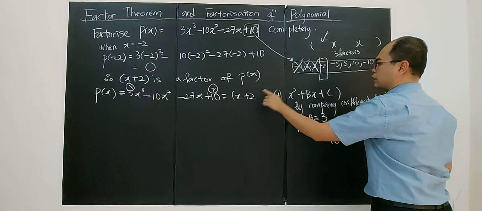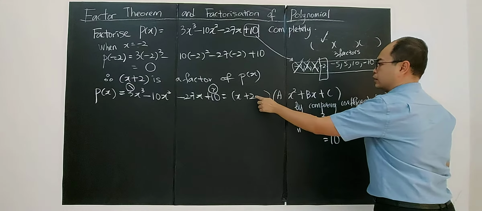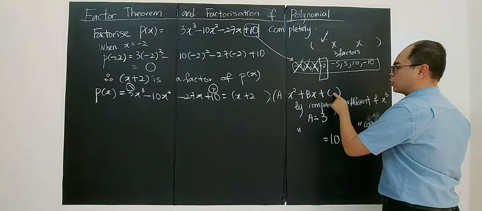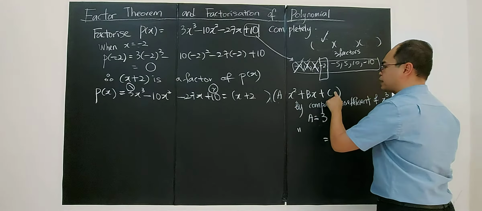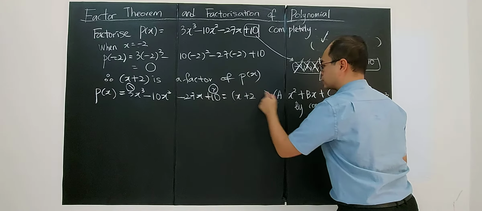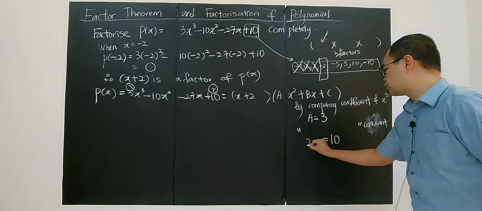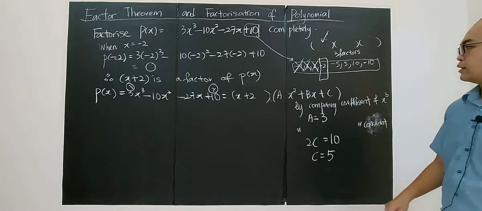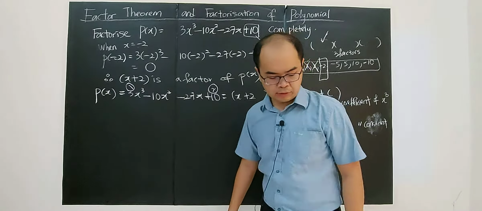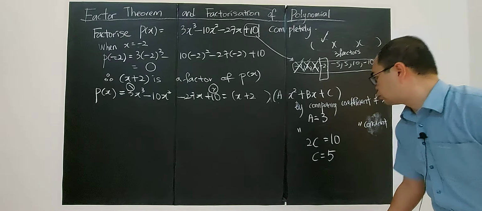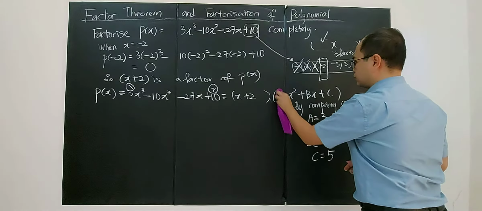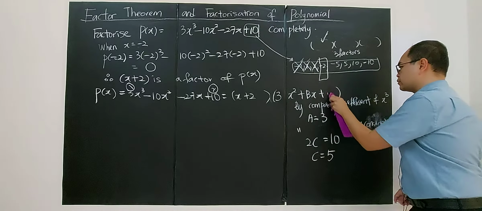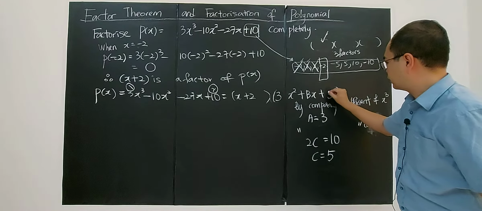If you expand, the last term is 2 and c, because this one has no x and this one has no x, so it must be this one multiplied by this one to get a constant. So 2 multiplied by c means 2c is 10, so c is definitely 5. Now you know that a is 3 and c is 5.